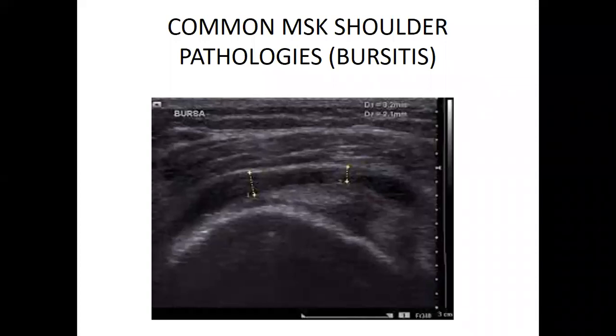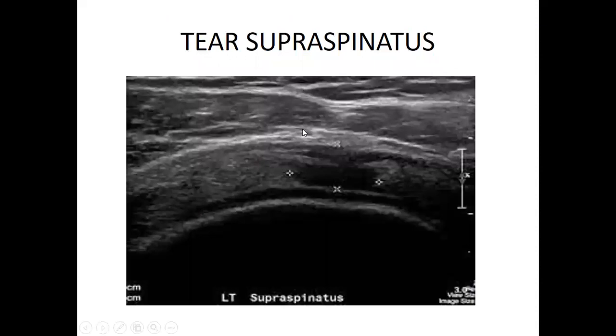This is where you see it nicely, and you can see there is fluid here. It's just above the tendon. This is a tendon, but the area of interest is here. This is fluid within there. This is not a tear, but this is fluid. So you may not appreciate this in all the views, but the pathologies may exist. This is now a tear involving the supraspinatus tendon.